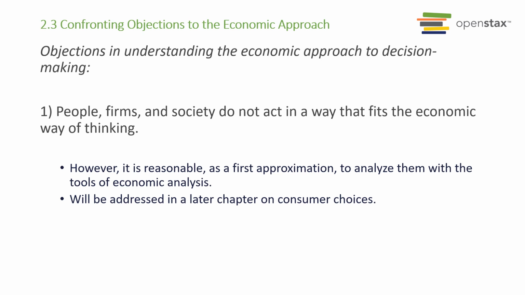But consumers and businesses don't always behave according to this economic approach. There are many reasons behind it. One reason is that not every individual in the economy is very rational. There are irrational behaviors, so those cannot be measured in the economic approach. But we're going to talk more about this in the later chapters on consumer choice.